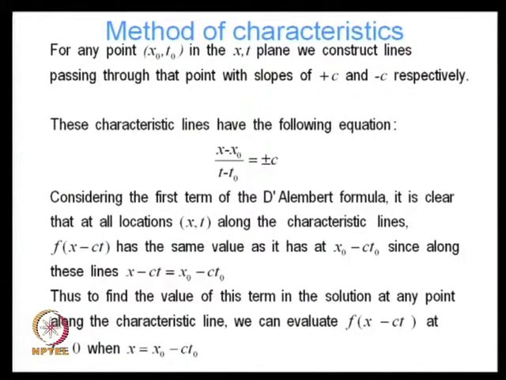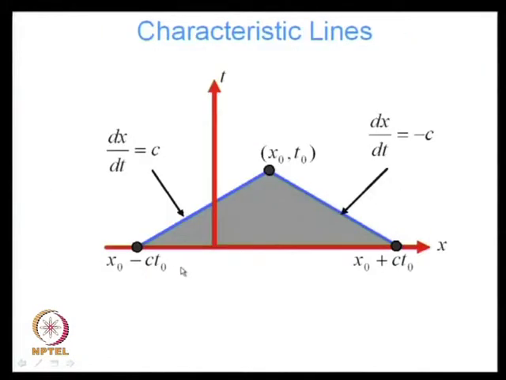This is the equation of this line. So, along this line, by definition, at any point, x minus c t has got to be equal to x0 minus c t0, because that is the equation of that line. If that is true, then f of x minus c t has got to be equal to f of x0 minus c t0.